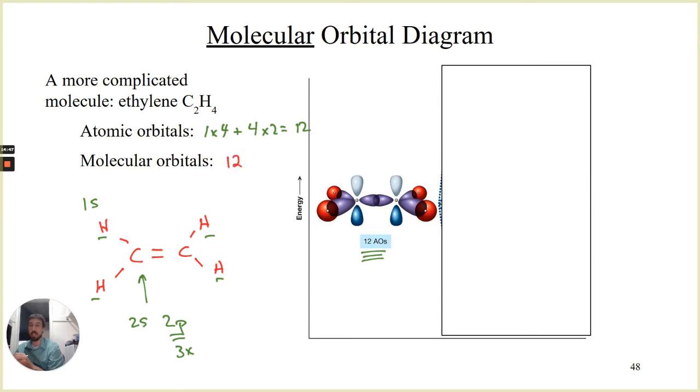So now the question is, how does that split out? Well, because I know for every bonding interaction there's an anti-bonding, I can look at a bonding type and an anti-bonding type. Because I know they split evenly, I know there must be 6 anti-bonding and 6 bonding.